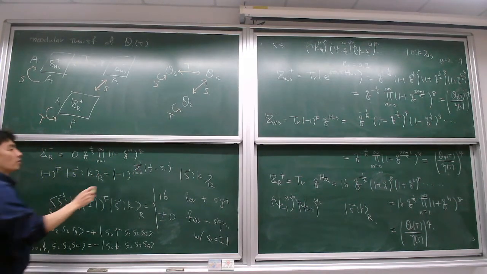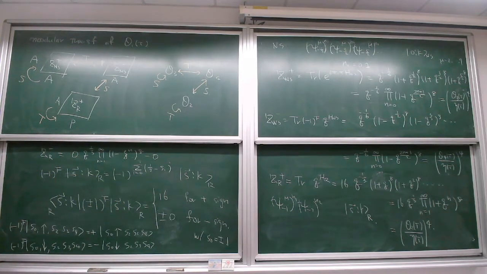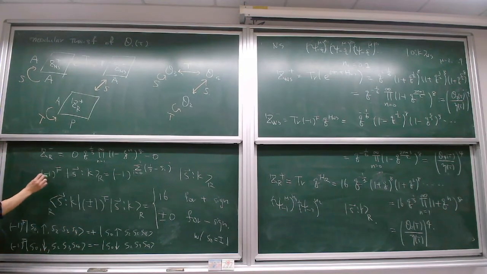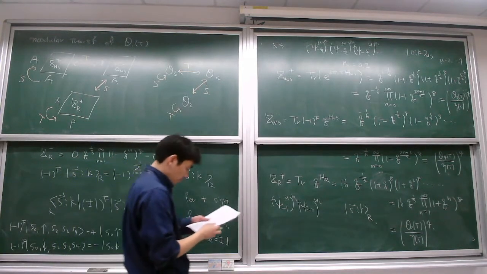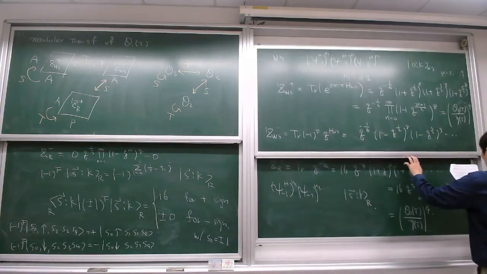So it should be 0. That's how you get the 0 in the theta 1. This is due to the fermion zero mode with the presence of (-1)^F. So you don't need to consider this partition function. Okay. Good.